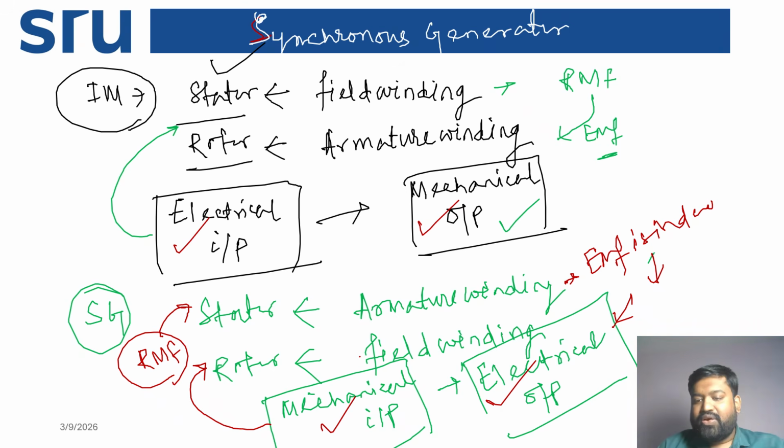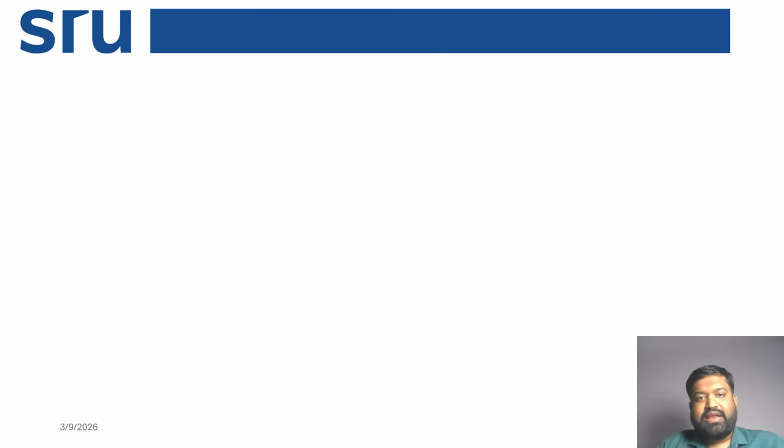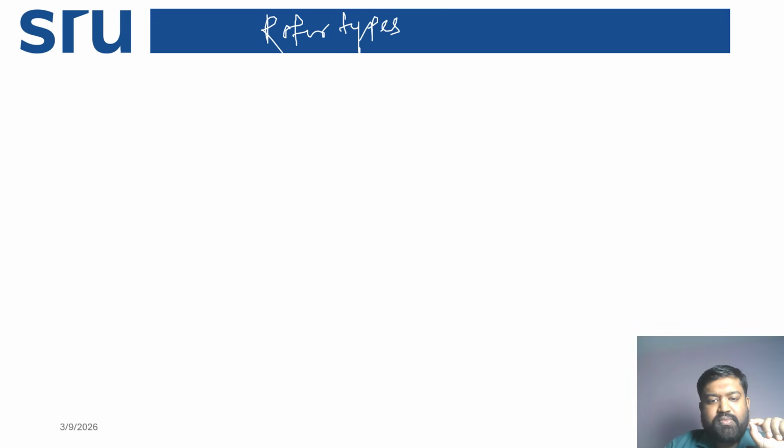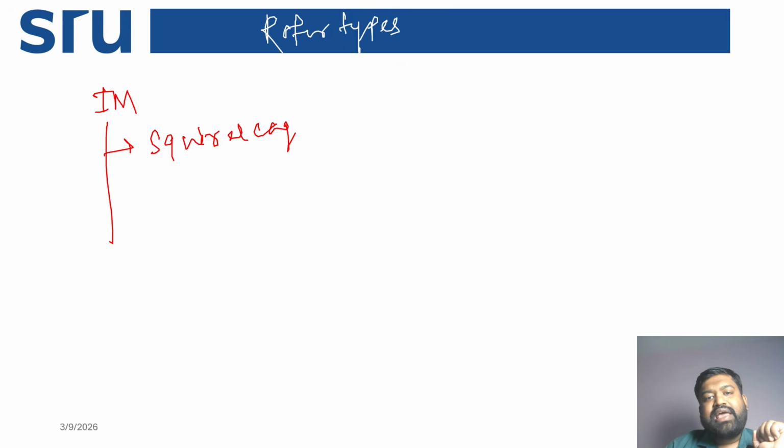Now we will go to the rotor types. In the next slide, give a heading of rotor types. If a question comes to differentiate between the induction motor and the synchronous generator: in the induction motor, the rotor types are the squirrel cage induction motor and the slip ring induction motor.